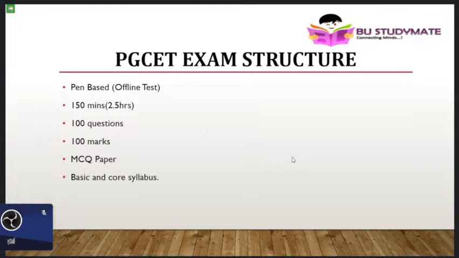The next important thing is the basic course syllabus. The syllabus includes 4 different sections. As I told you, 100 questions will be divided into 4 sections equally, so 25 questions in each section.